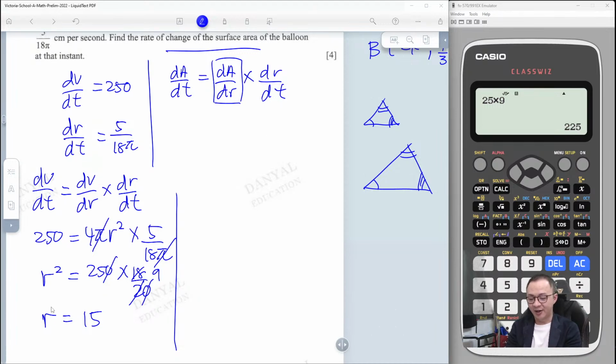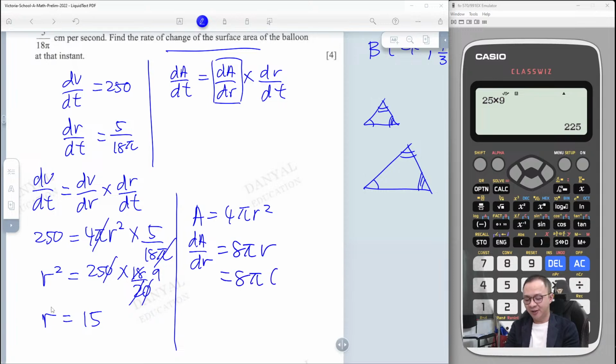Okay, I got it. So area of the sphere is 4 pi r squared, so my dA/dr is 8 pi r. And I have the r now, which is 15. So this one is 120 pi, right? So it equals 120 pi multiply 5 over 18 pi.